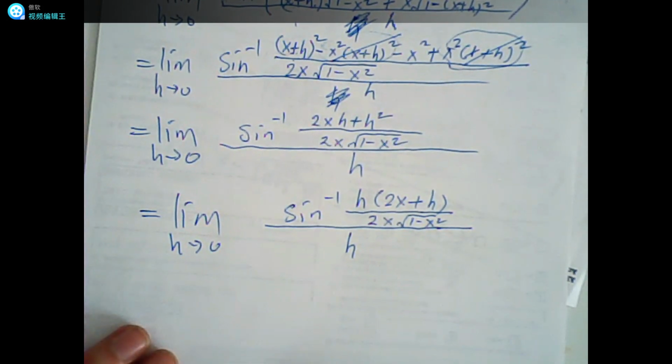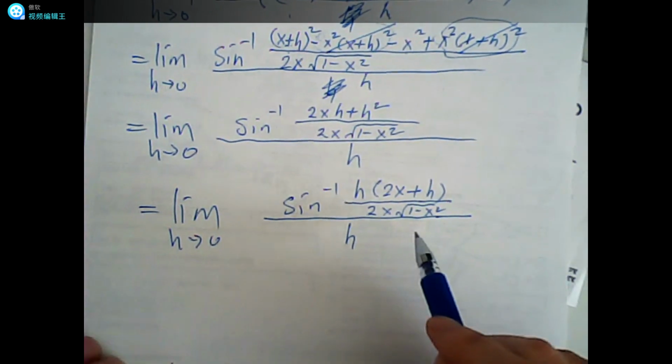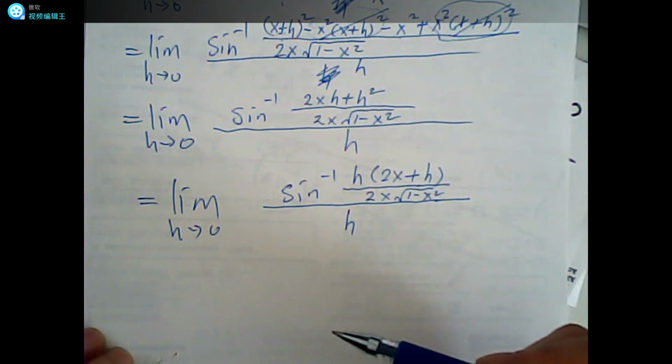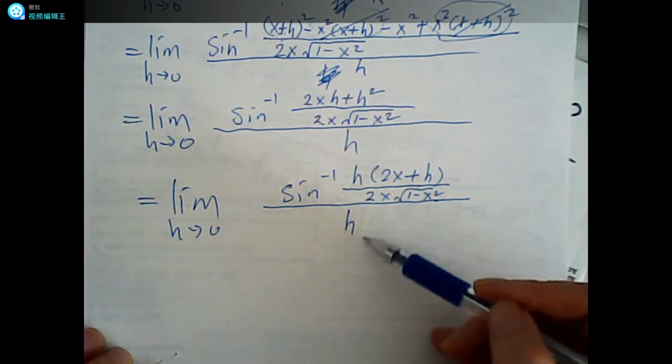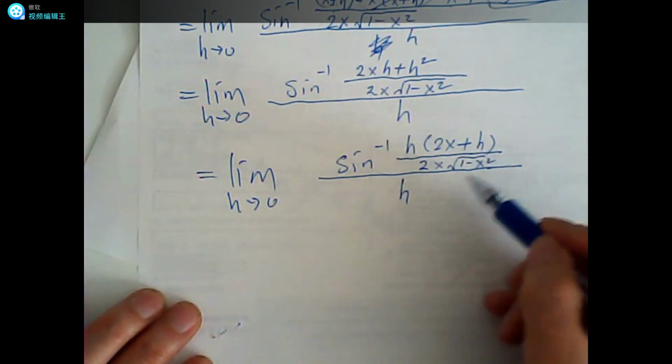Yeah, as h approaches 0, don't you think this is approaching 0? So is this approaching 0? That means if this is alpha, right?